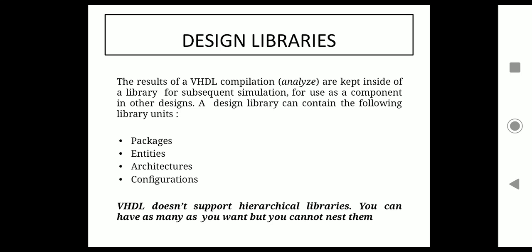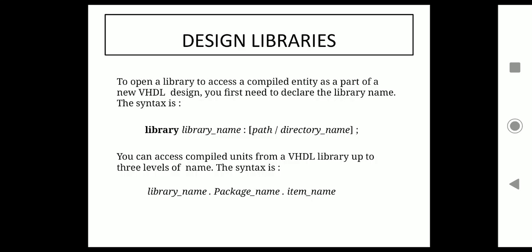We have already discussed these four parts. Now this is the syntax for libraries. To open a library to access a compiled entity as a part of a new VHDL design, you first need to declare the library name. You can use as many libraries as you like, but you cannot nest them.